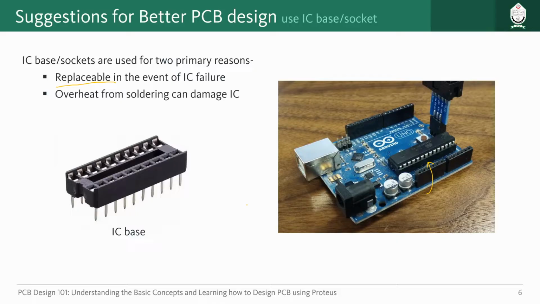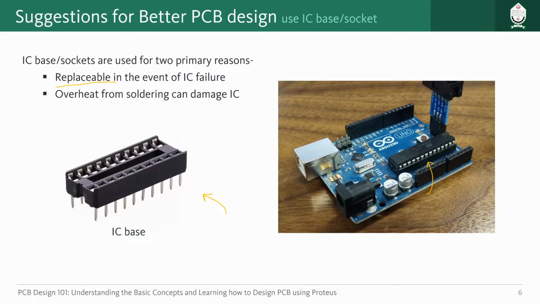But when you use IC bases like that, obviously there is no issues like that. So that's why it's better to use IC base rather than directly soldering the IC onto our PCB boards. So that's all for the basic concepts of PCB designing.